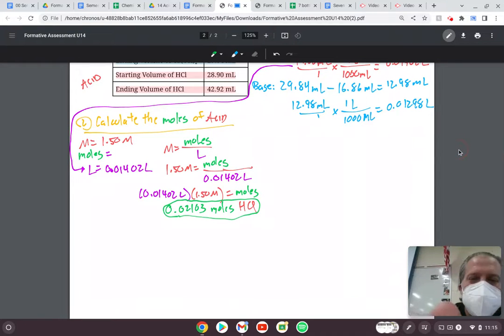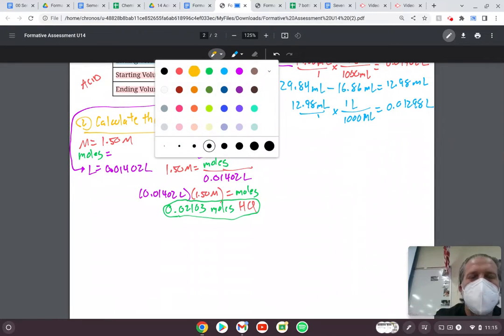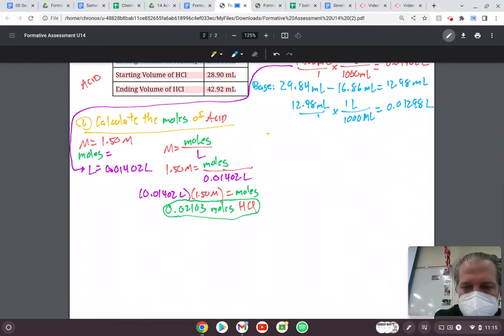Step 3 is going to be to convert moles of acid to moles of base.